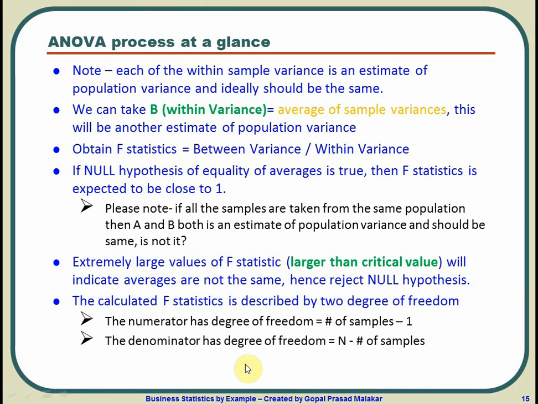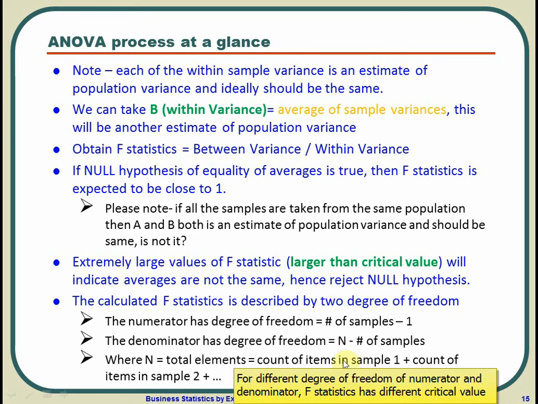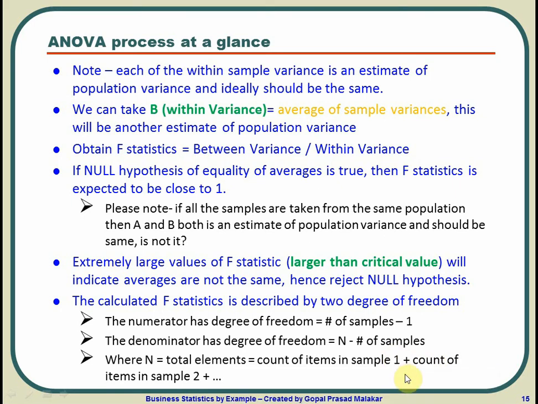And the denominator has degrees of freedom n minus the number of samples, where n is the count of items in sample 1 plus the count of items in sample 2 and so on. So if you have 30, 40 and 50 in 3 groups, then 30 plus 40 plus 50 gives you 120, minus 3 gives you 117, which is the degrees of freedom of the denominator.